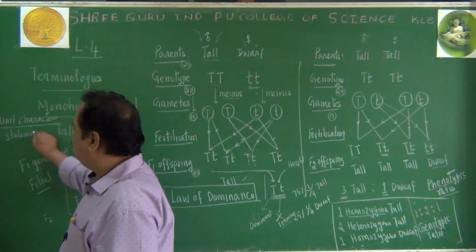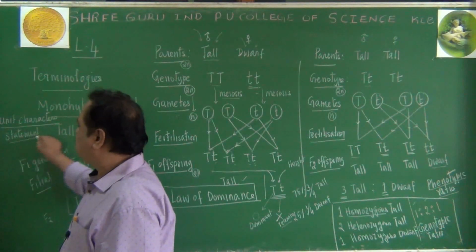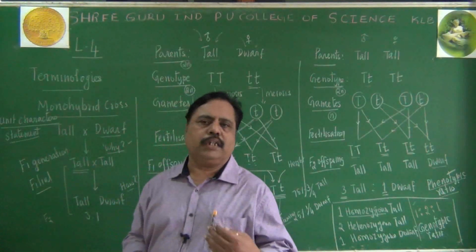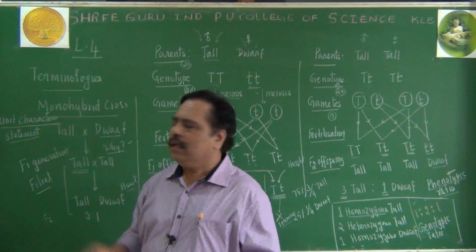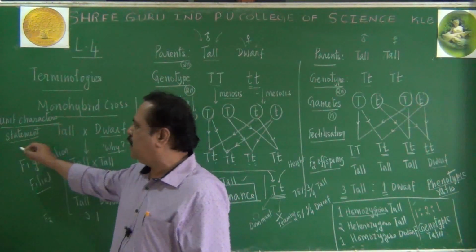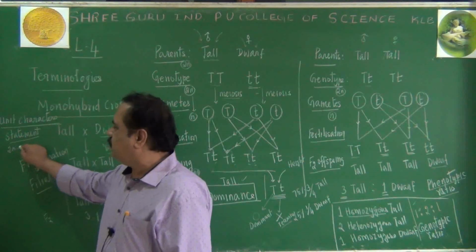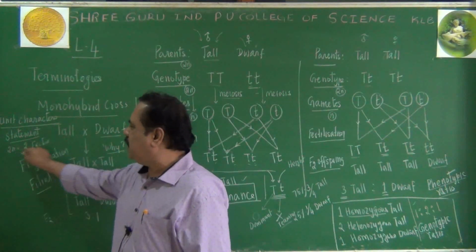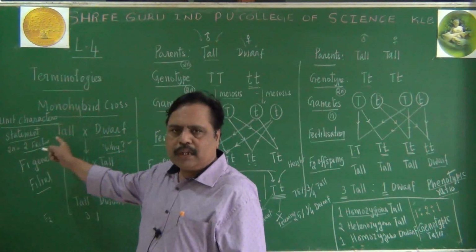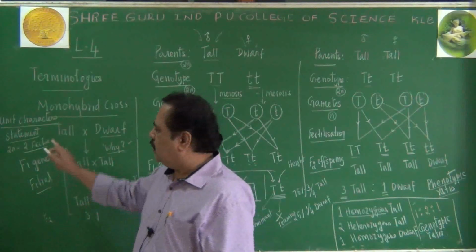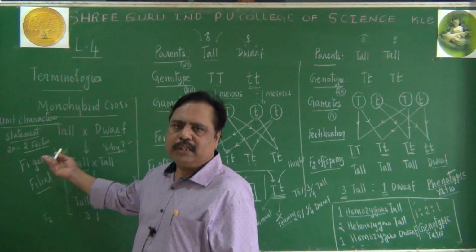In many genetics textbooks, it is considered a statement only, not a law of inheritance. It is a normal biological statement, which says that a diploid organism will have two factors. Those two factors can be such that one is from paternal, another one is from maternal. They can be similar or they can be dissimilar.